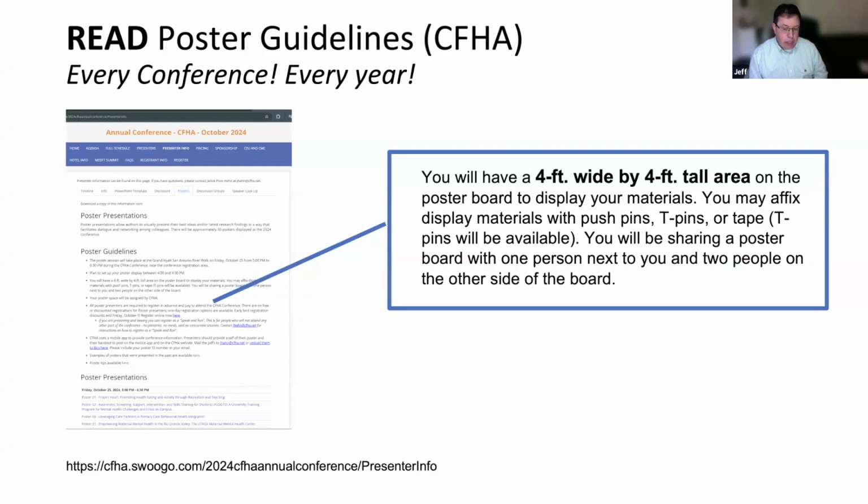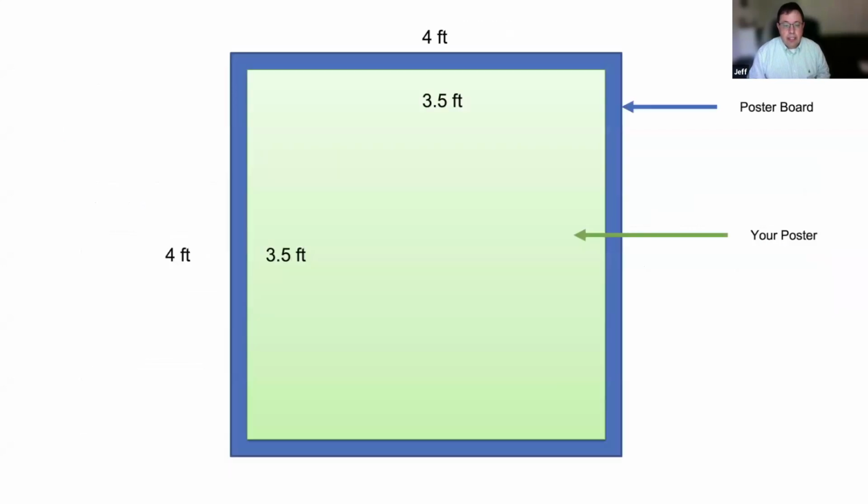So you want to think about going a little bit less than that. What I typically recommend is doing half a foot less on each side. This ensures that your poster will fit onto the poster board area, and it'll give you some space.